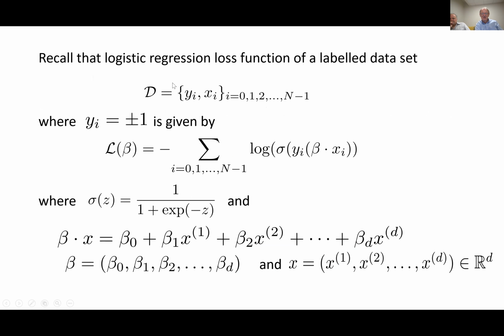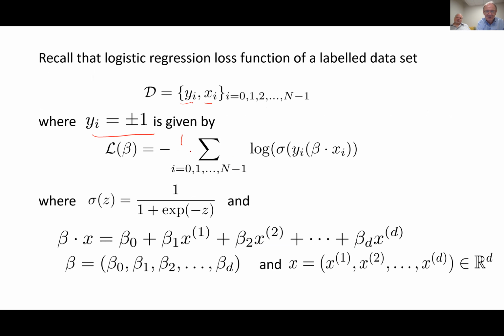This is a general framework: we have a labeled data set, with data vectors xi and their labels yi, and yi in the logistic regression case is plus or minus 1. And then we defined this loss function.